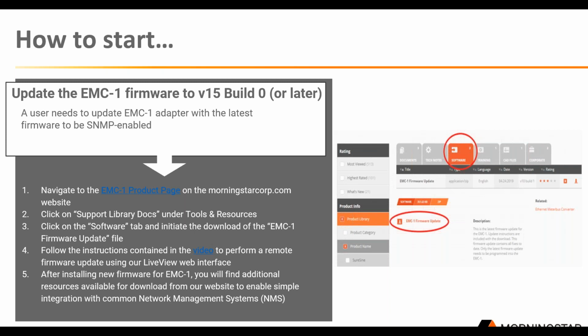It's all done via web interface, so the live view web GUI, you just pull that up with a static IP address. Just use the default IP address that comes with the unit. I think it's 192.168.1.253.